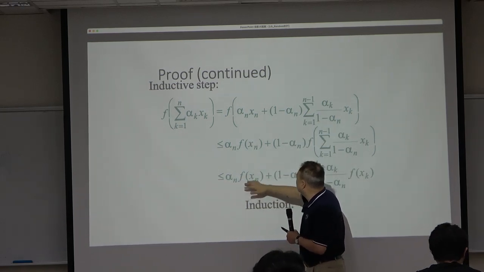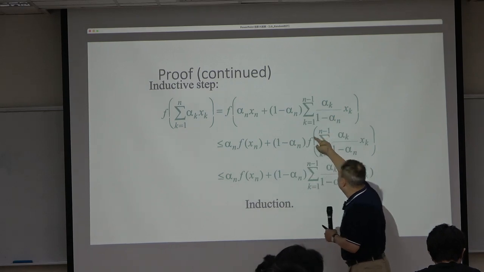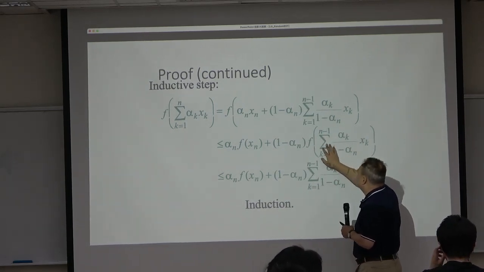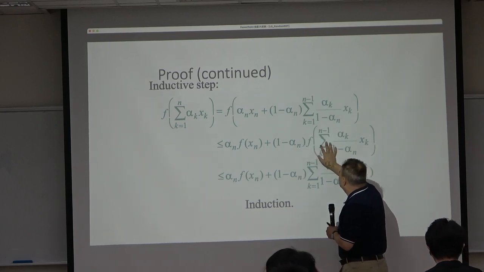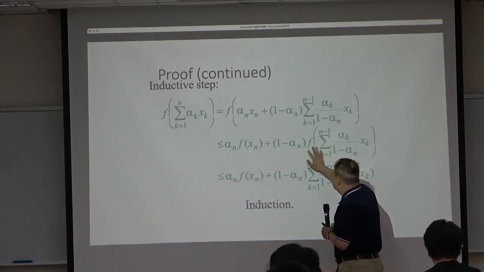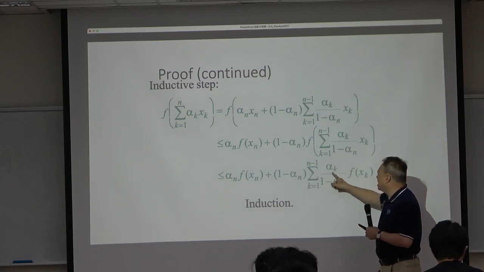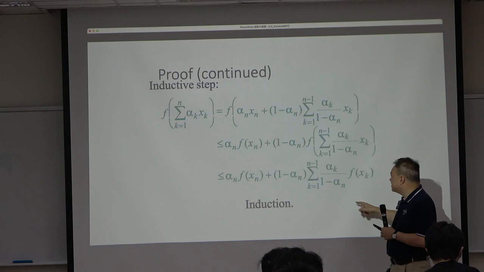The only thing that changes is that the summation is moved from inside f to outside f, and of course alpha k is also here.